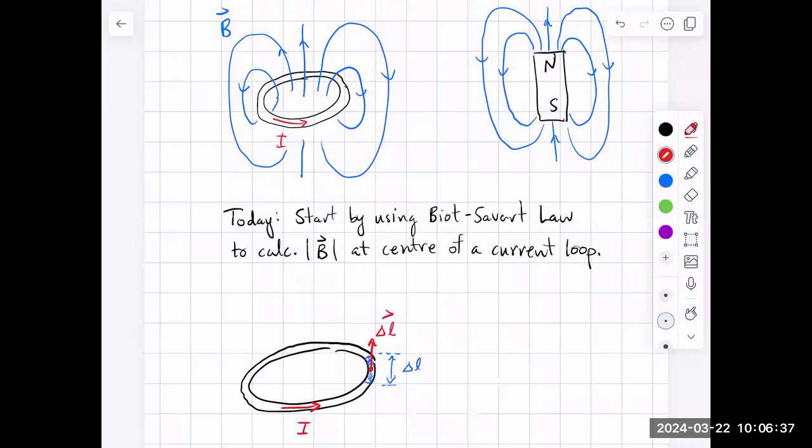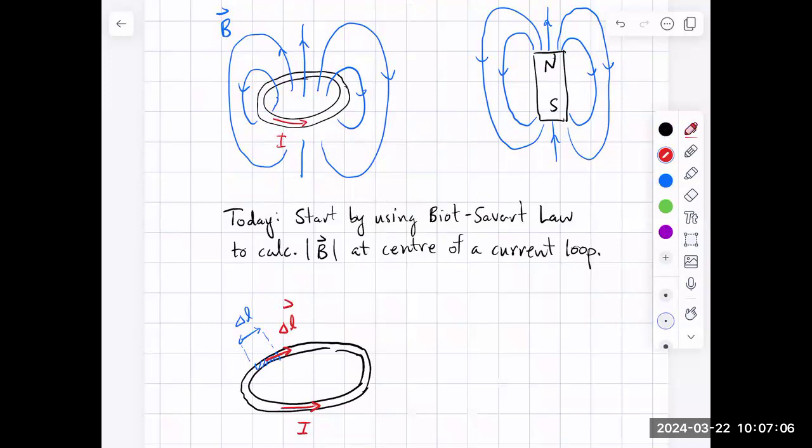That's not the best. That looks like it's pointing upwards, so I'm going to draw this somewhere else so that it looks a little bit better. So let's pick a little segment over here. And so this has a length delta L, and we can draw the delta L vector like that. That looks a little bit better.